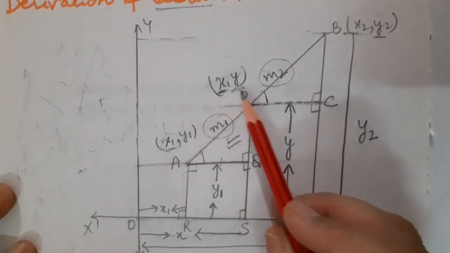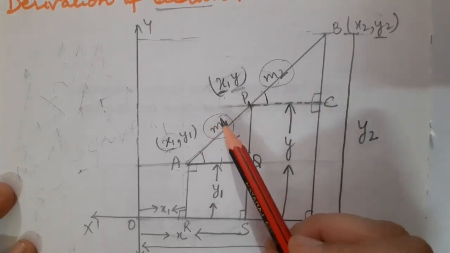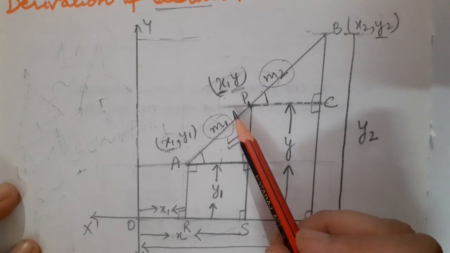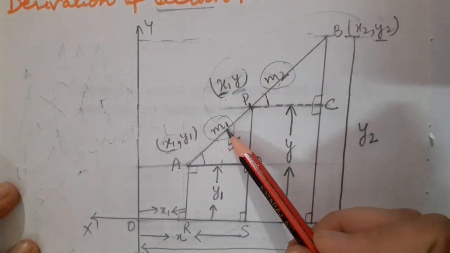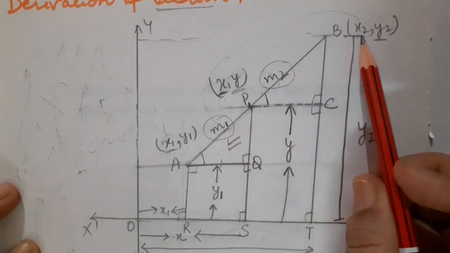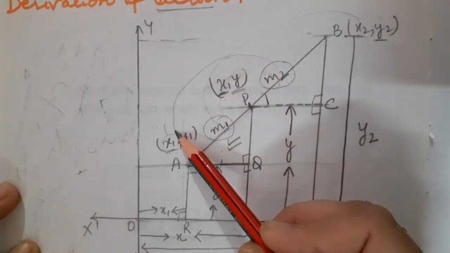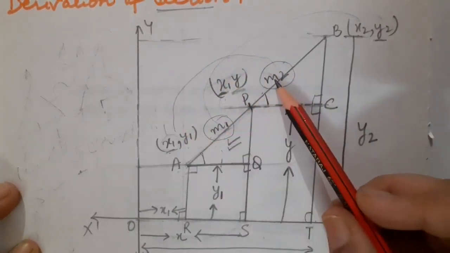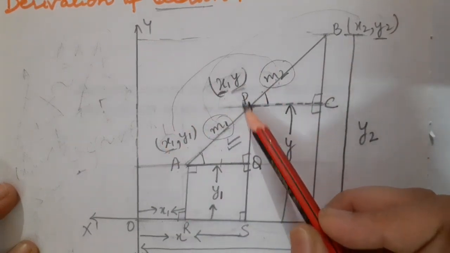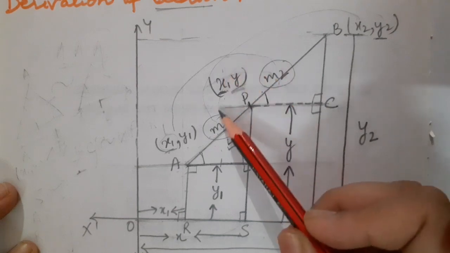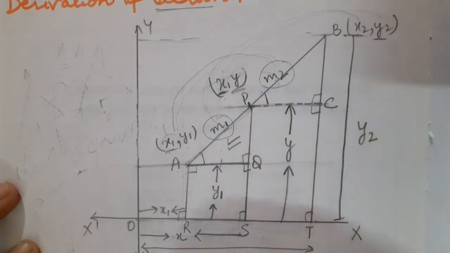For the abscissa of point P, or I should say the x coordinate of point P, you are going to find m1 into x2, means the first part of the ratio will be multiplied by the coordinate of point B, plus m2 into x1, upon the sum of the ratio, that is m1 plus m2. Fine. In the same manner, to calculate the ordinate of point P, it would be m1 into y2 plus m2 into y1 upon m1 plus m2.